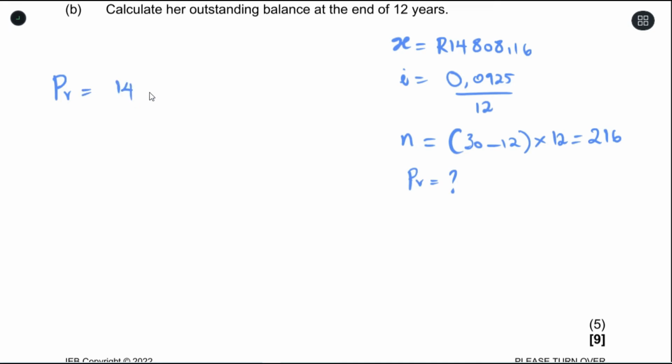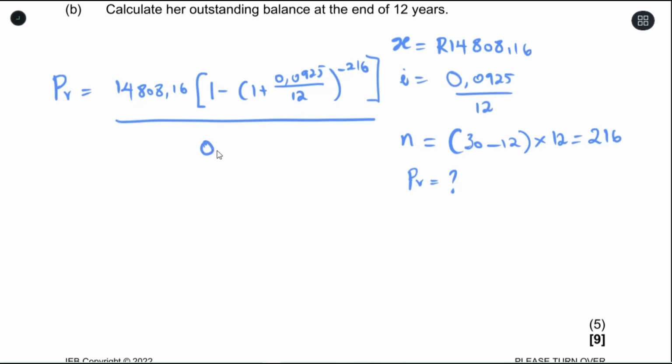It's going to be... okay. So we just need to substitute all this in the calculator.